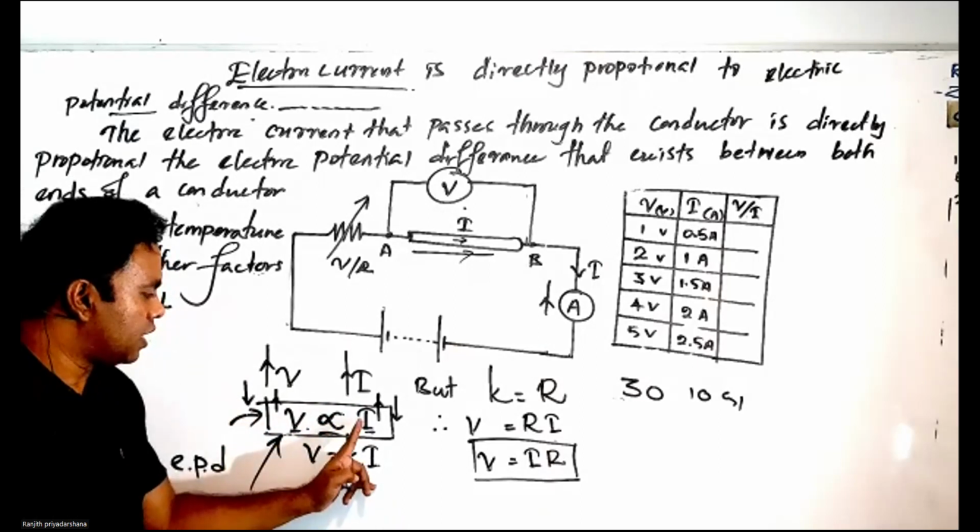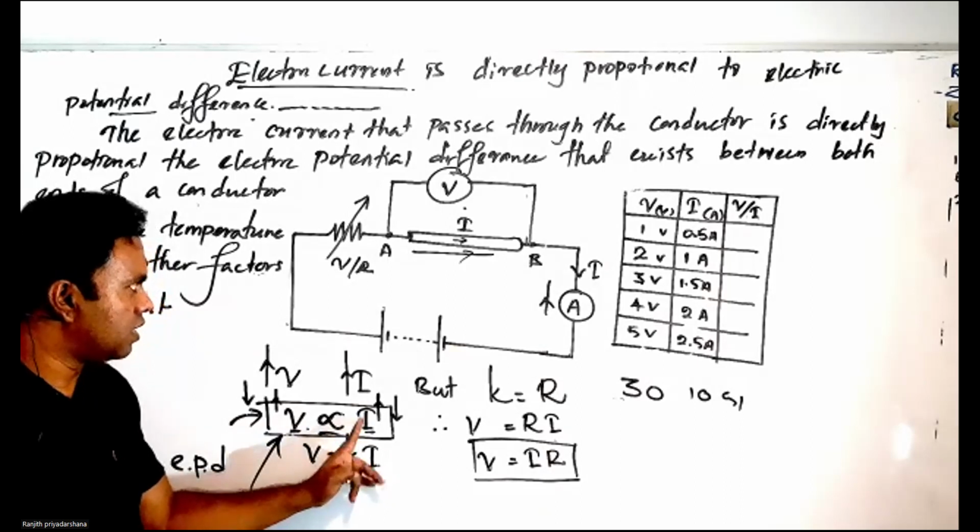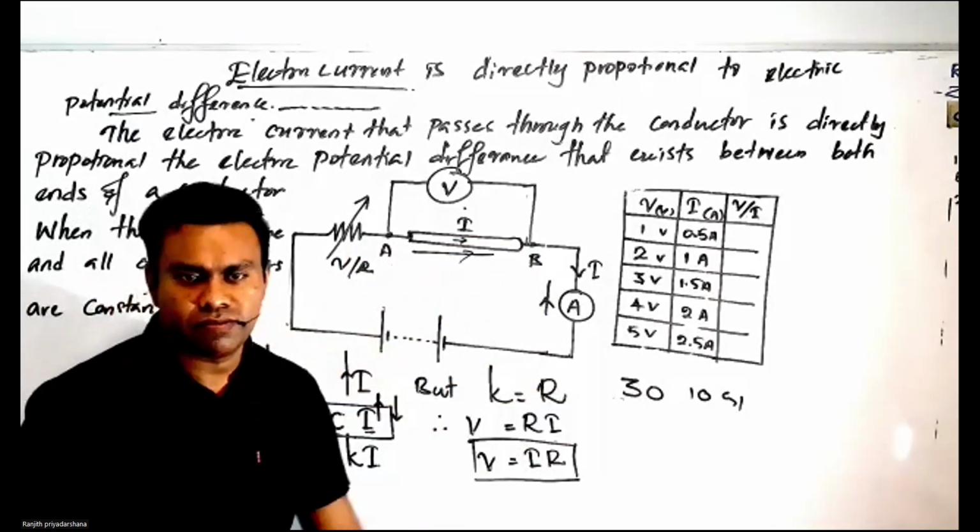The electric current I, which I? The electric current that passes through the conductor. We say it by adding an adjective clause.